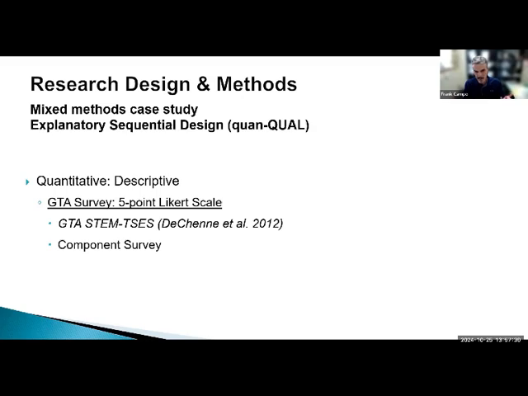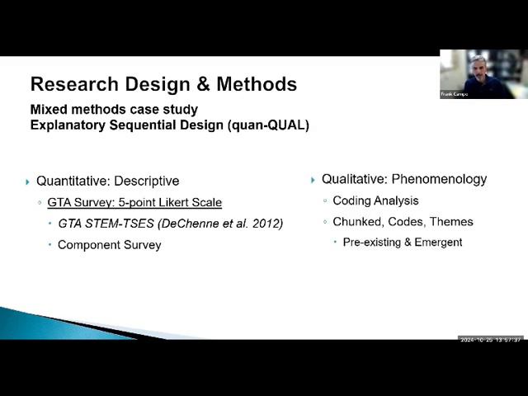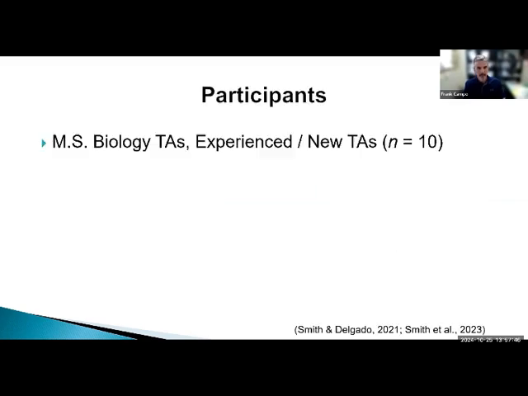They're both 5-point Likert scales, and they're both like 18 items. But my larger piece was a qualitative interview, and I had that audio recorded and then did a code analysis on it to obtain those data.